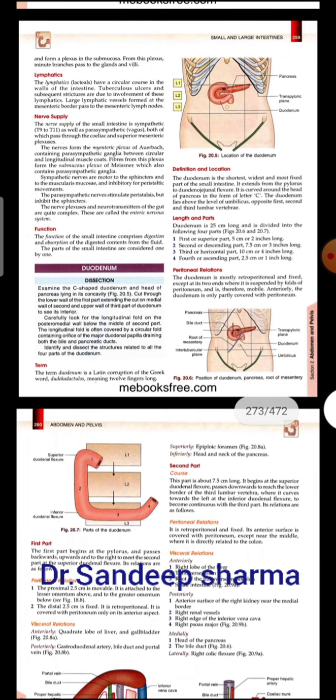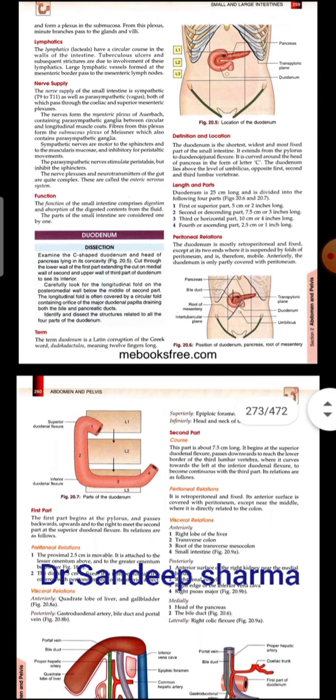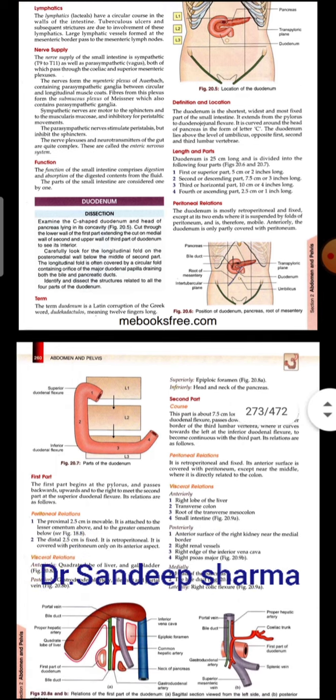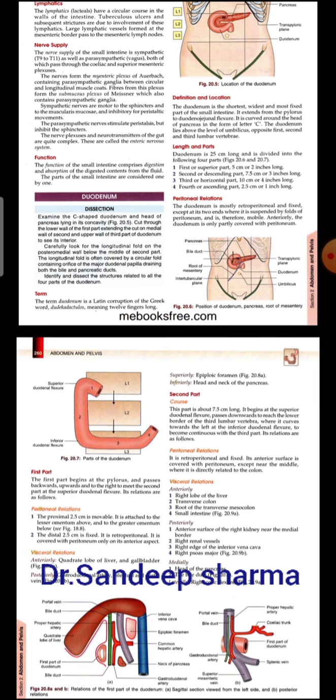As already discussed, there are two parts, one is the fixed part and one is the free part. The fixed part is the duodenum, and it is 25 centimeter long, and the movable part is divided into two parts, that is jejunum and ileum. So first we will discuss the duodenum.